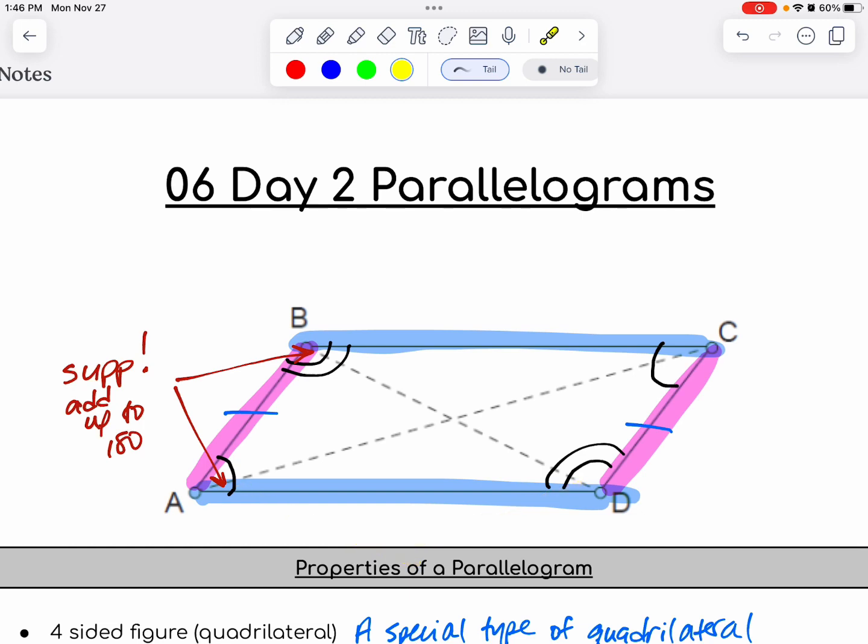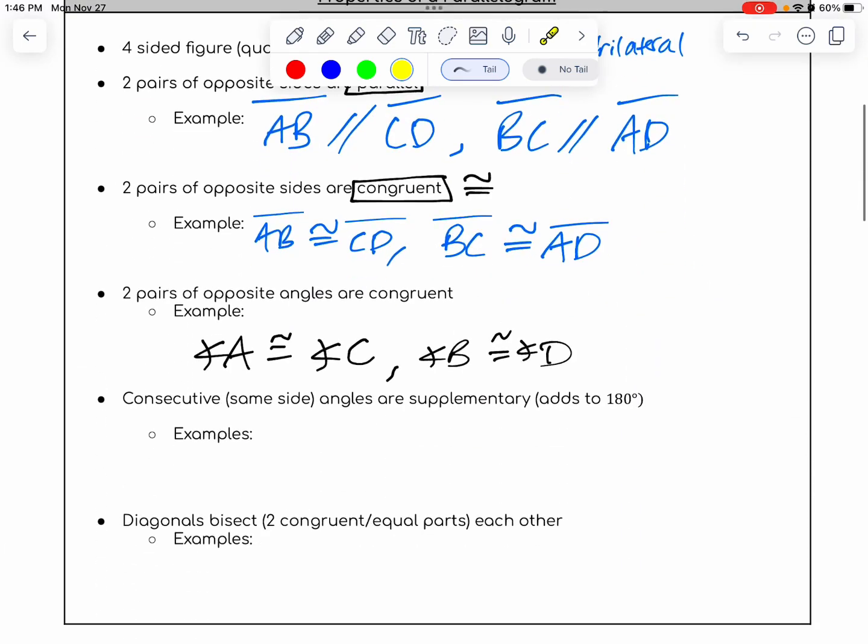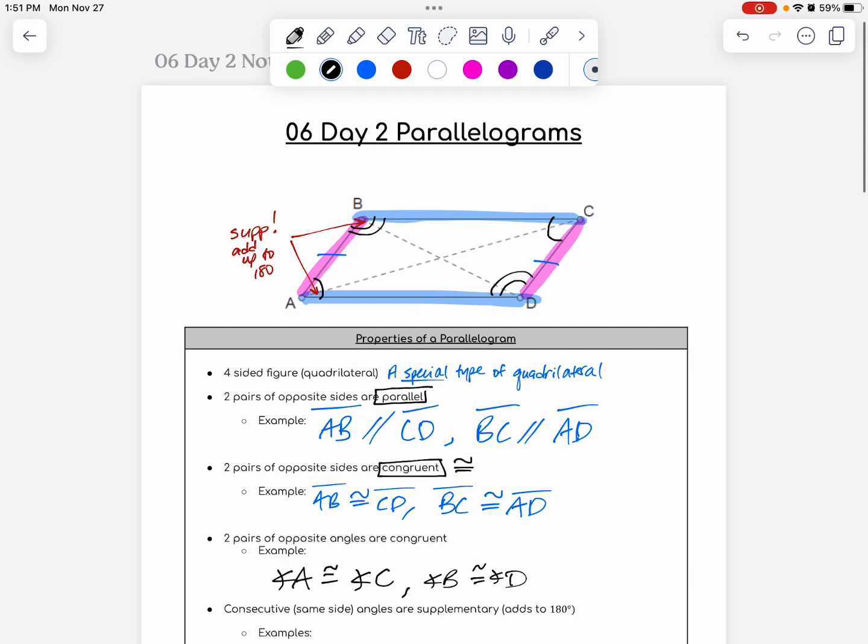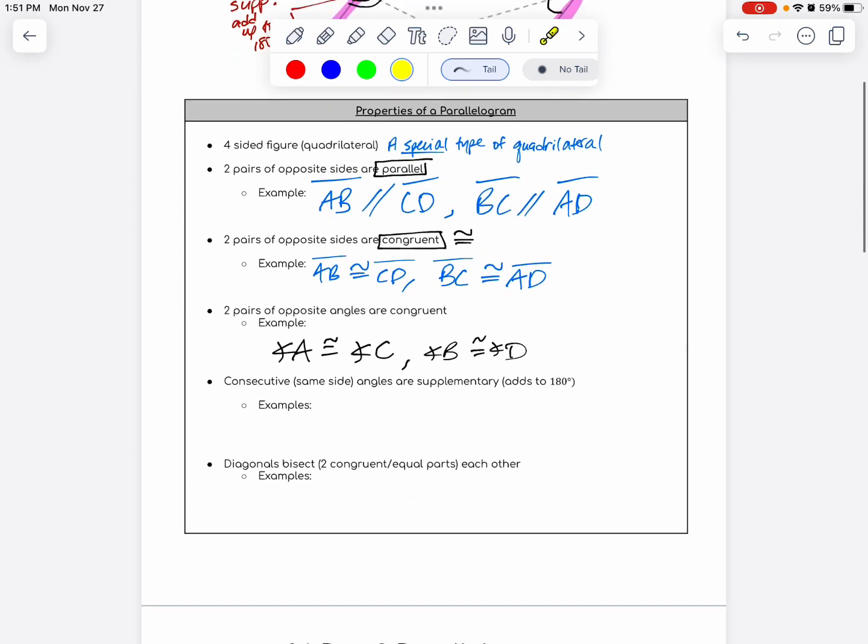Fun fact. Okay. I'm not going to write those because I labeled my picture up here. All right, maybe I actually will write that. I think I'll write, what did I write up here? So I have angle A and angle B. Those are consecutive. You guys know that consecutive means like in a row or like right next to each other. So A and B add up to 180.